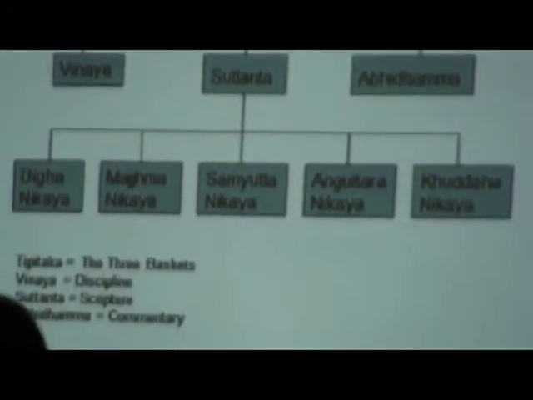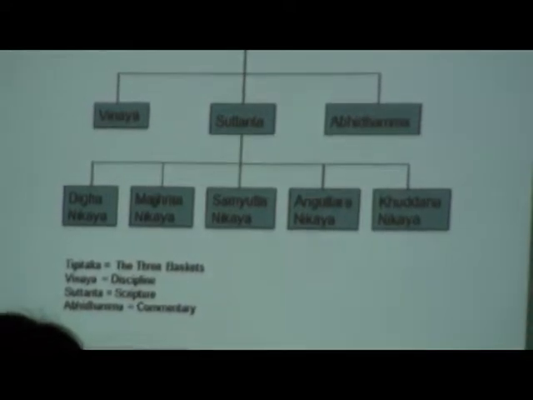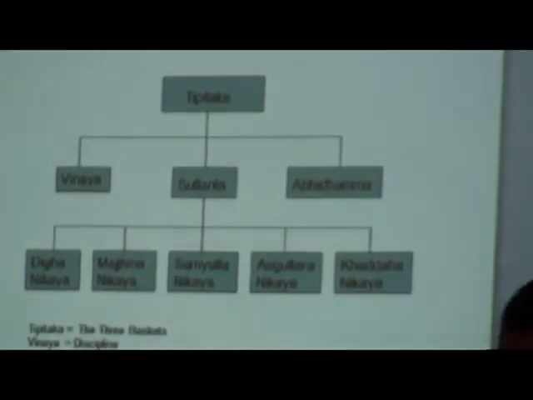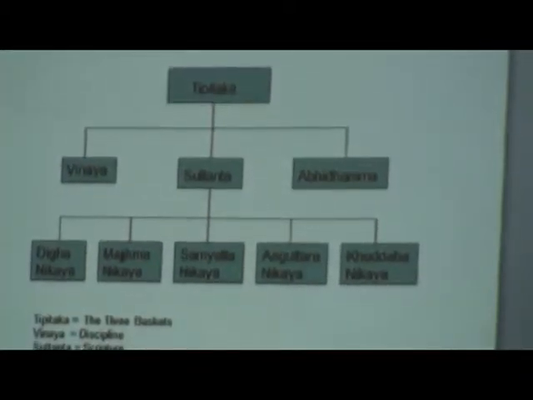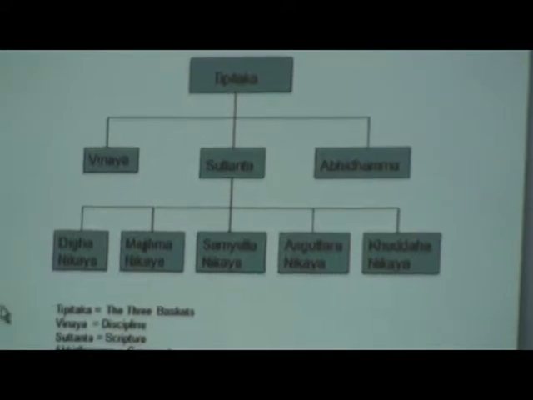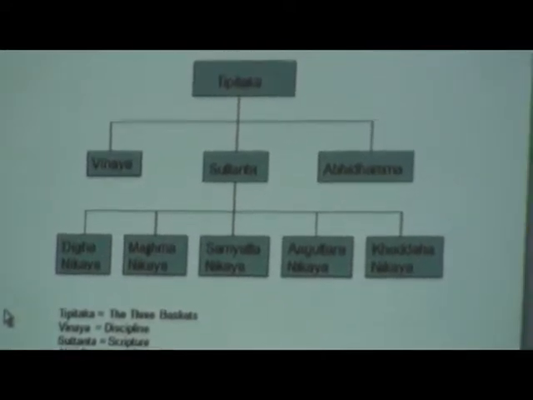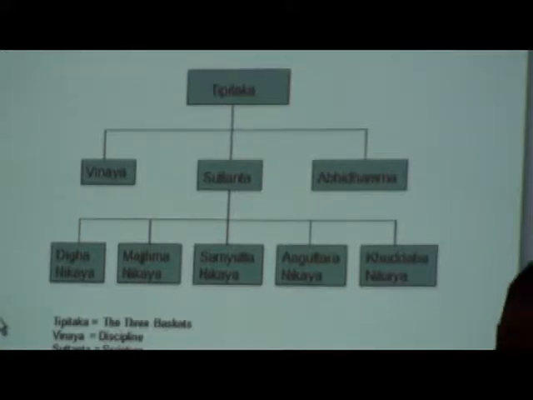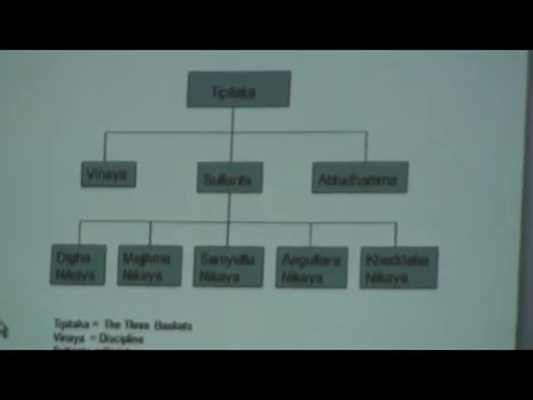Now, in the Pali Canon, this is what we are going to focus on. Well, that's my part of focus. The Nikayas, the Pali Canon of the Buddha. The Tipitaka, you know all these three. I am going to focus on the Suttanta here. We have five. The first is the Digha Nikaya, then the Majjhima Nikaya.